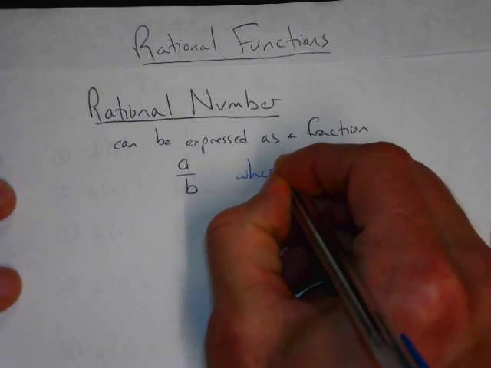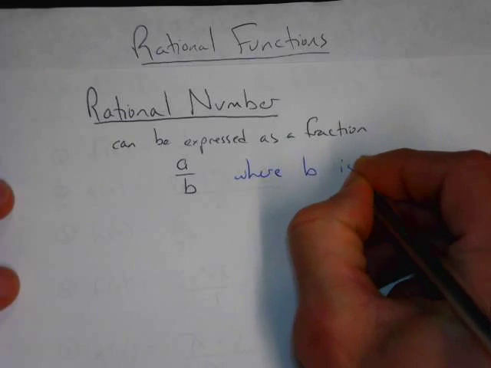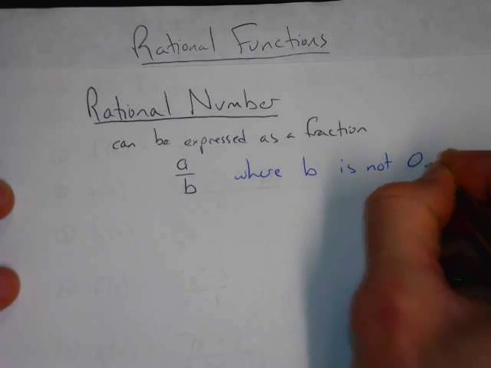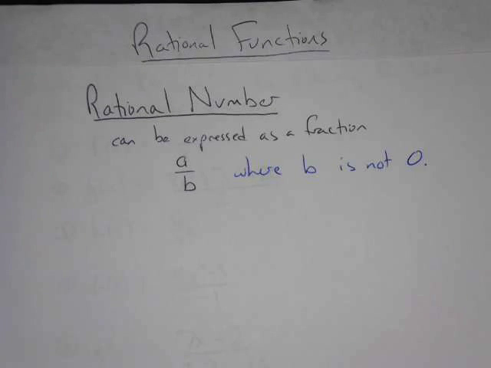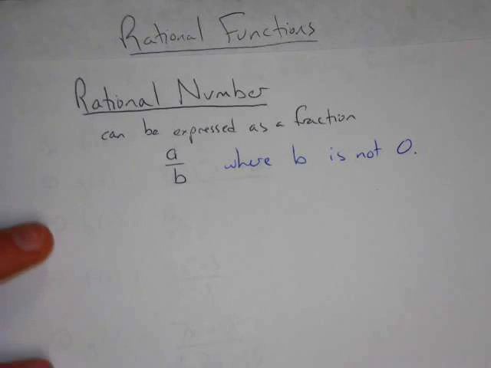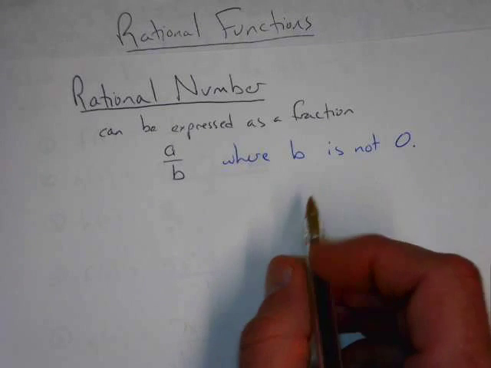Okay, so that's going to be important in a second. So a rational number is any number that can be expressed as a fraction, A over B, where B is not 0. And so we can get into all sorts of neat-looking algebra things that fit this description, and we have to recall this special rule where B is not 0.